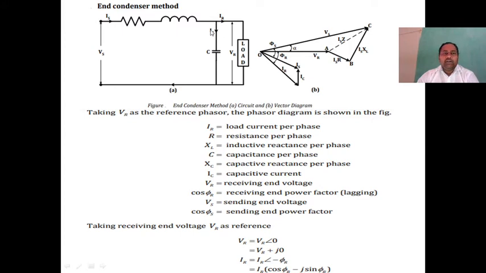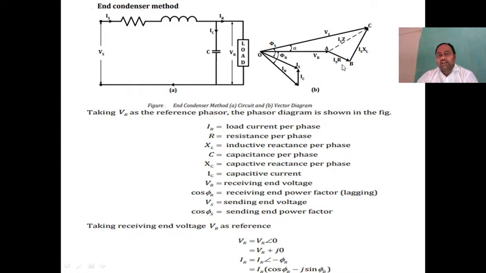Next, there are drops due to the resistance and the inductive reactance. What current flows in the resistance and the reactance? It is the sending end current. How can you draw the drop due to the resistance?